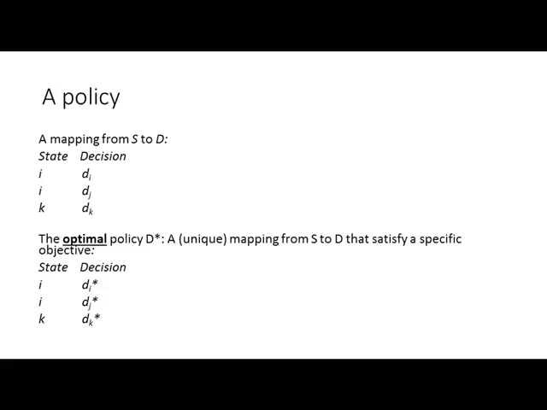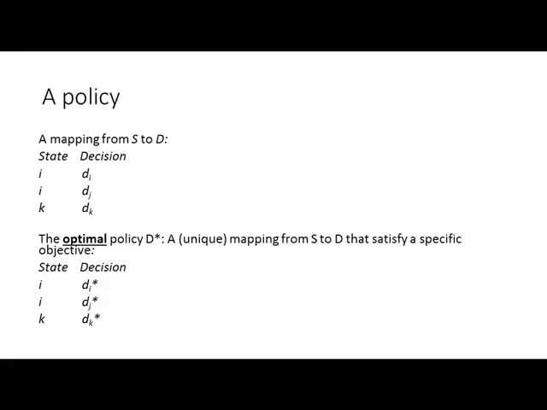And for k, your decision is d_k. This is one policy. So you see, a policy is just a combination of feasible decisions for each state. But a more interesting one is the optimal policy. After all, we want to intervene to gain, right? We want to intervene to optimize. So the optimal policy, which is represented by D star, is the unique, meaning there's only one, optimal policy.